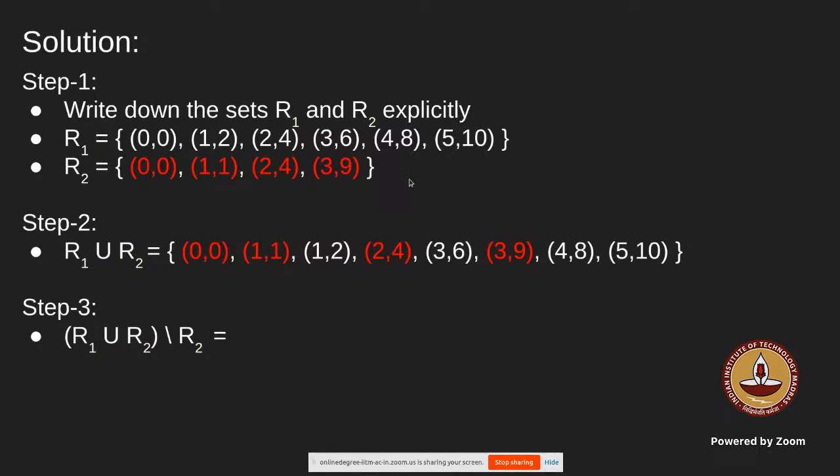Sir, do we need (0, 0)? In R1, will (0, 0) be included or not? It's a natural number, right? y equal to 2x means the second element is twice the first number. What is 2 into 0?